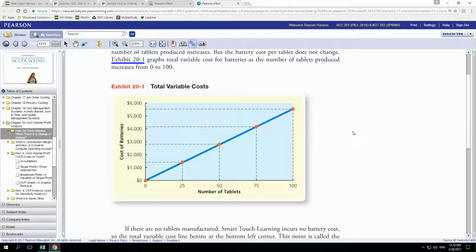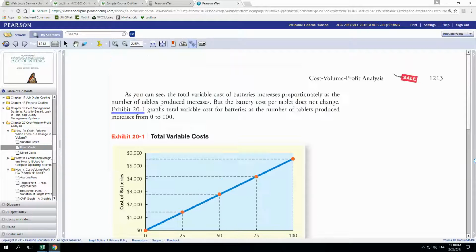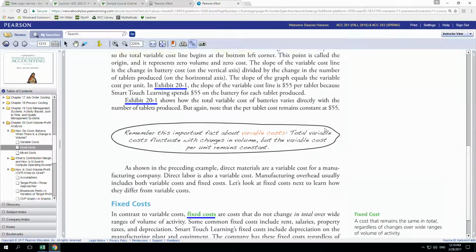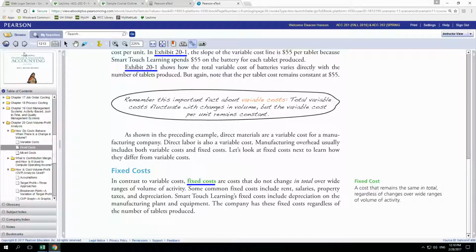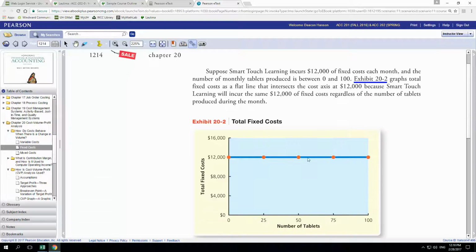Our book breaks it down for us. So it starts with variable cost. Then it talks about fixed cost. So you get to see it in pieces. Right, and in this example they have a flat $12,000 fixed cost.